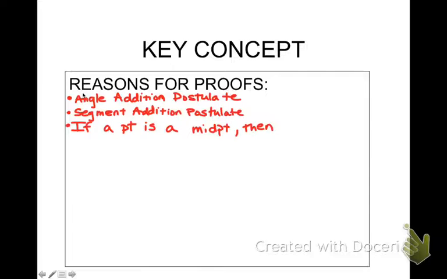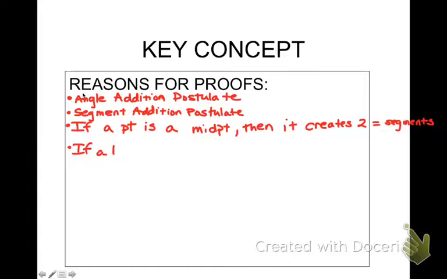I'm going to say then it creates two equal segments. So if a point is a midpoint, then it creates two equal segments, or divides it into two equal parts.